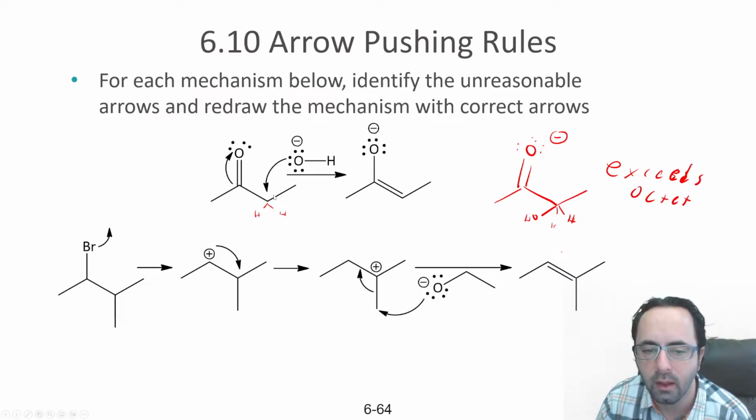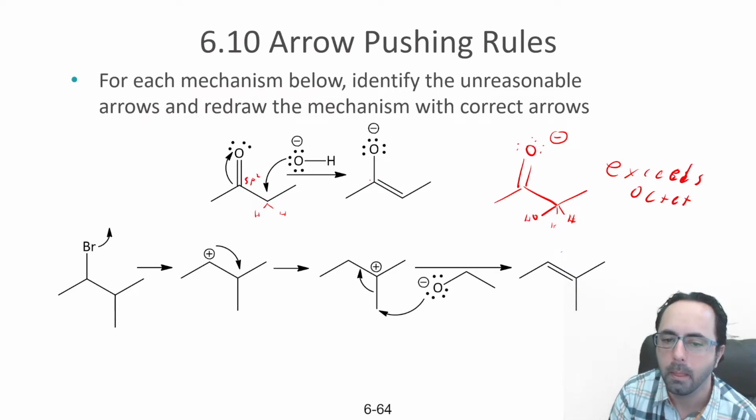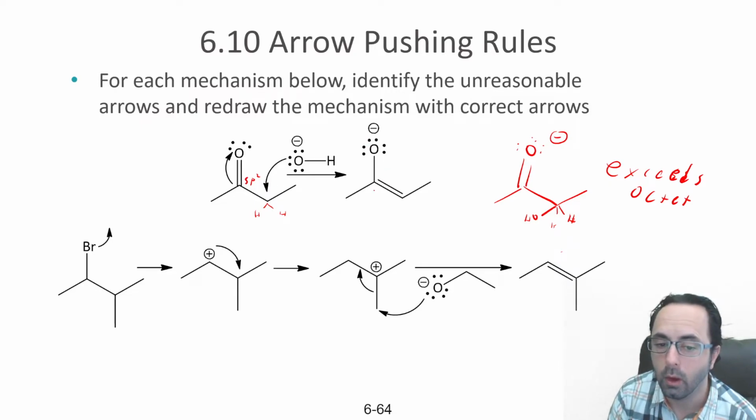This is an illegal move. We can't do this. You could attack this carbon and make a bond here because then we have the resonance, right? This is an sp2 hybridized carbon. It could make 4 bonds if these electrons are shown this way, right? But this is an illegal move.